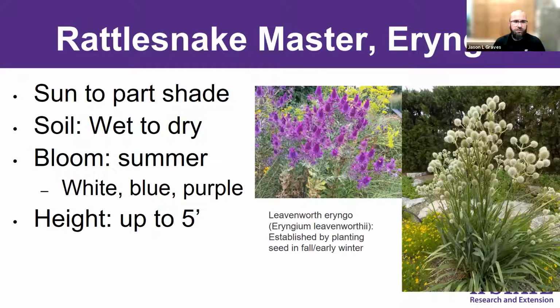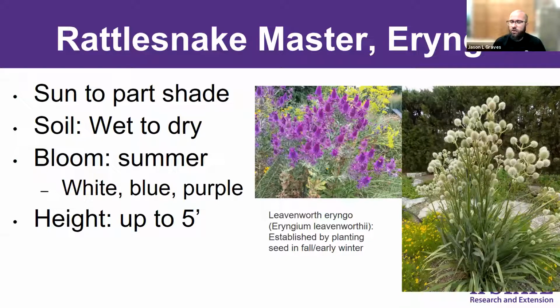Rattlesnake Master, this Eryngium, various pollinators are attracted to this plant, and it's a really neat one. You'll see it a lot of times. It has pretty striking foliage as well, which makes it a unique addition to a landscape. The white plant you see here is the Rattlesnake Master. The purple one is actually Leavenworth Eryngo, which is an annual, so this is a plant that you can establish from seed in the fall.